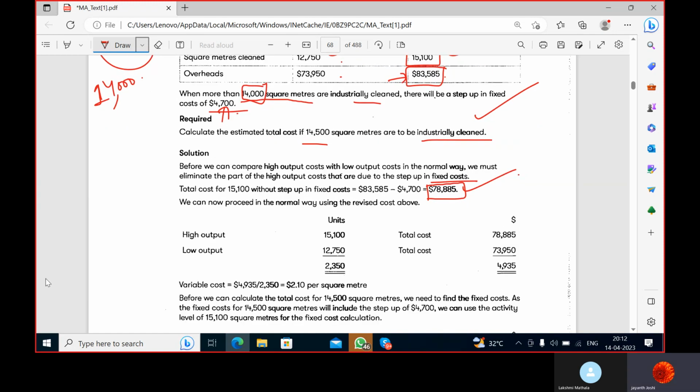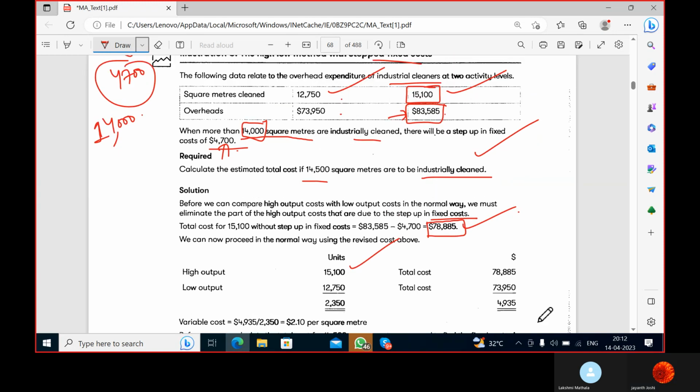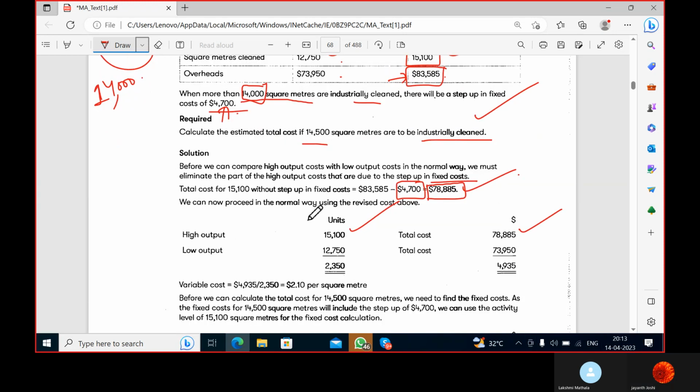And this is the high output. This is the total cost after removing the step up in fixed cost. This is the low output and this is the total cost. And then the difference is 4,935 and here it is this. Divide this with this, you'll get the variable cost per square meter.